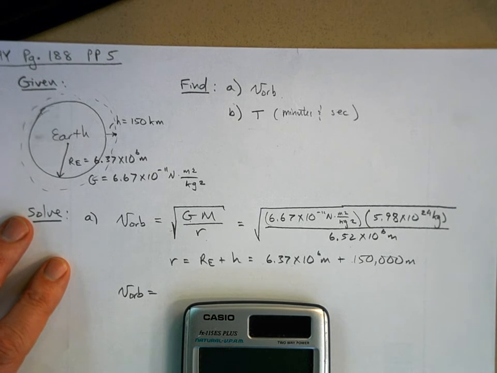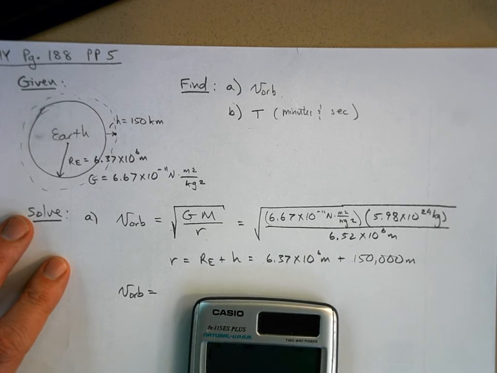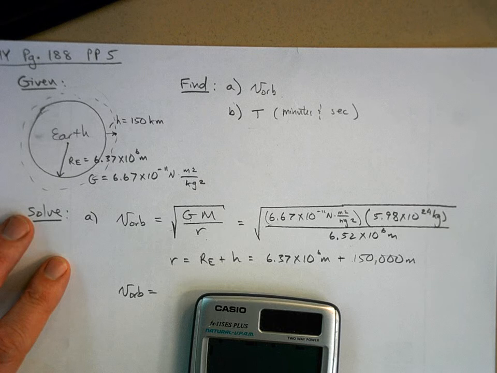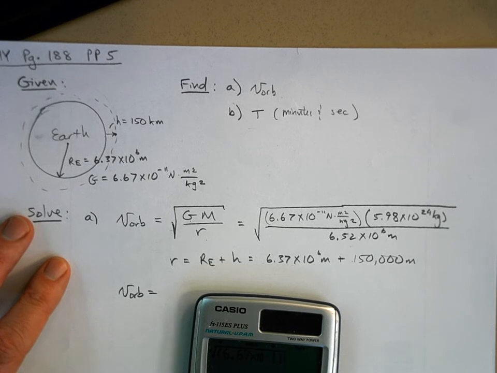Let's turn the thing on here. It's the square root of, in parentheses, and you've got to use parentheses a lot, 6.67 times 10 to the negative 11 times 5.98 or 5.97, I don't care, times 10 to the 24 kilograms, divided by 6.52 times 10 to the 6, close parentheses, so it all gets square rooted.